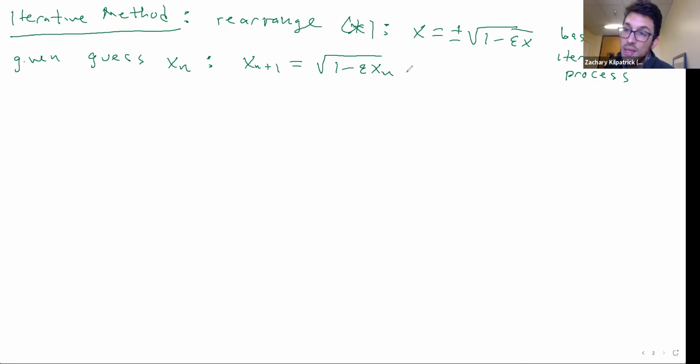And so again, this seems very back of the envelope. Why would this work? The idea is that if xn is the true solution, there should really be no update to xn in this case. And the hope is that whatever this update is, it will get me closer to the true solution. Okay.